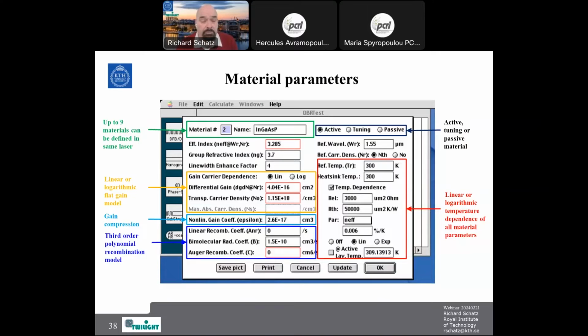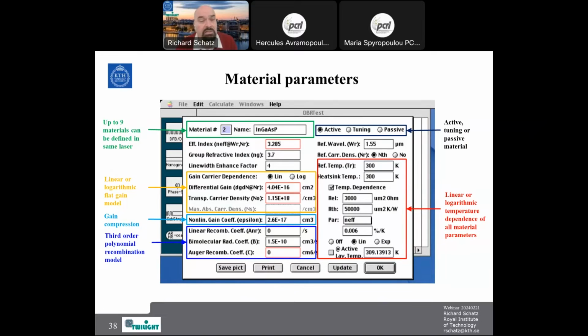Then you can define different materials in LaserMatrix. You can have up to 9 different materials in your device, and the material parameters are the normal ones you have in basic laser theory. So it's gain parameters. You can choose between linear gain or logarithmic gain. Linear gain is for bulk material.